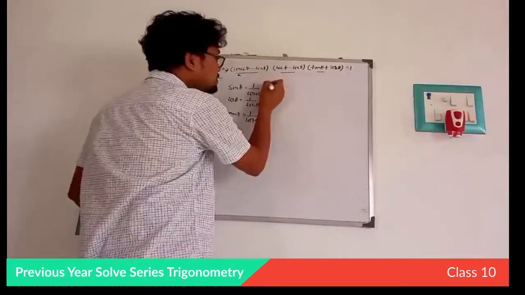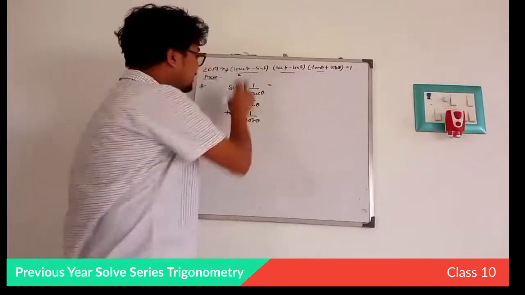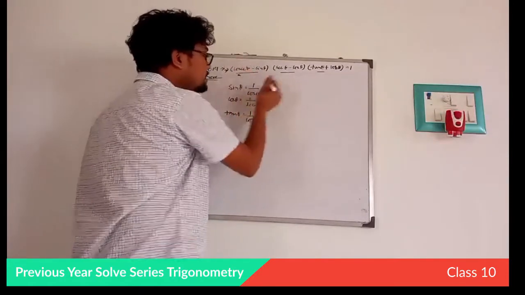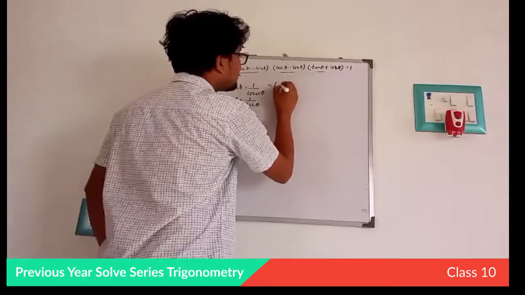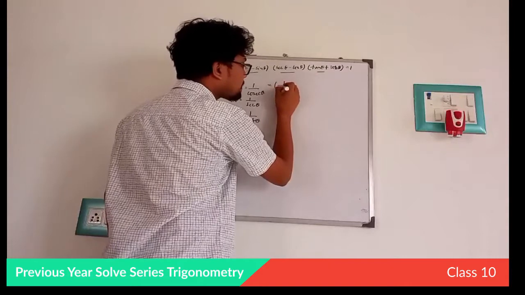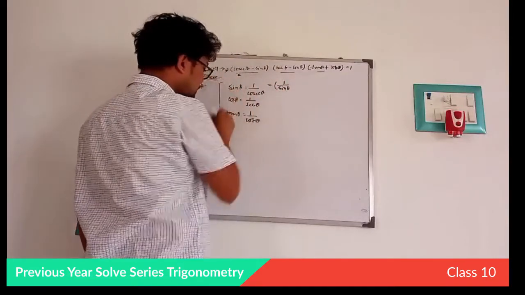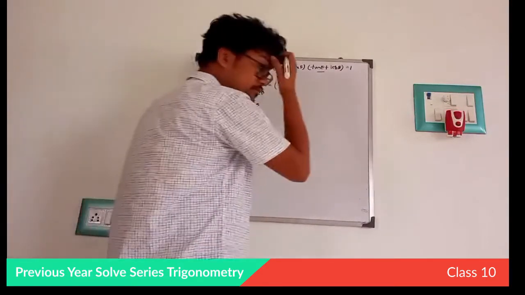What does it mean? Suppose here they provide me cosec theta. So I write here 1 by sin theta. This formula will help us to solve the problem.